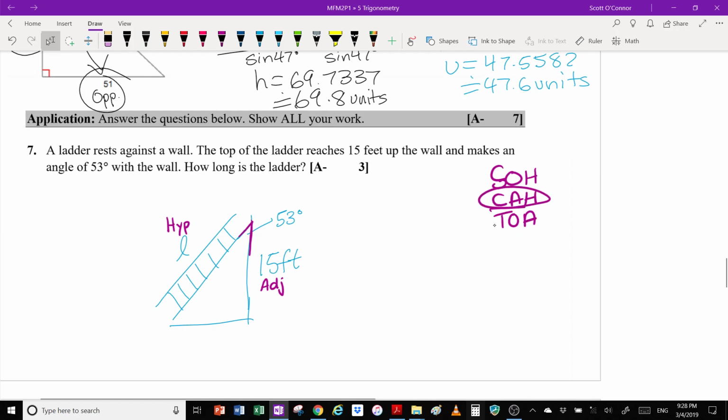Yes, you're right. It is cosine. So I'm going to do cos 53 degrees is equal to 15 over L, I'm using L for the ladder. And remember, this is over 1. Now I'm going to cross multiply.